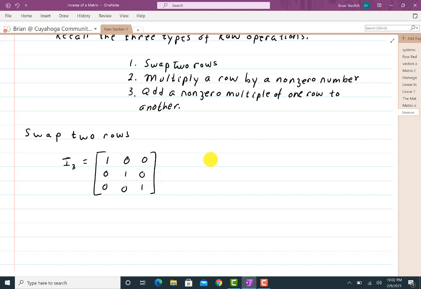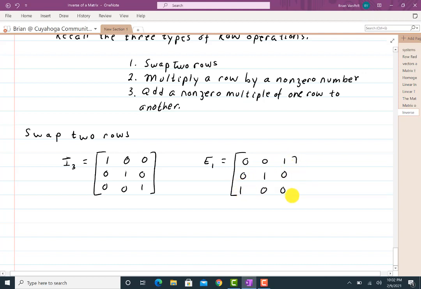So let's start with what I call an E1. This is where I swap, say, rows 1 and 3. So if I wanted to swap rows 1 and 3, here's what it would look like after the swap. So that was a swap rows 1 and 3.